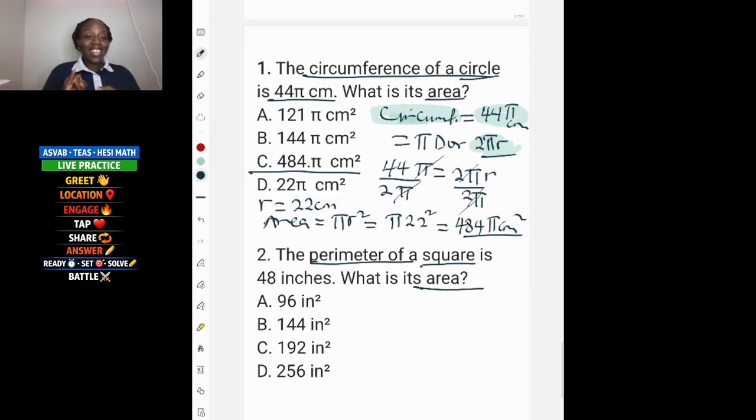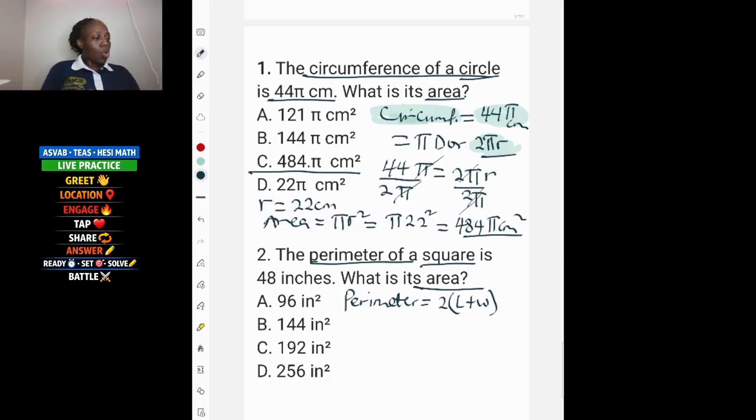We just use P for perimeter. Let me write it so that somebody will not say what's that. Perimeter is 2 into (L plus width), which is the same thing as length plus width plus length plus width.